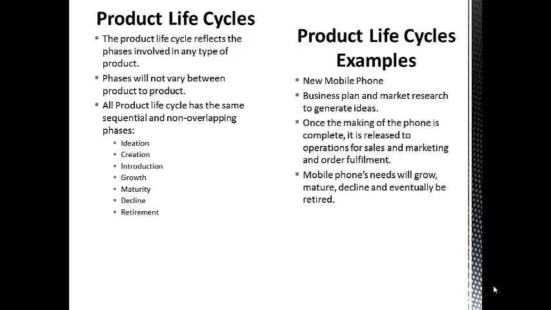Once the phone is created, it is released for operations, sales, marketing, and then order fulfillment. Mobile phone demand will then grow and start maturing, then start declining after a while, and eventually be retired.